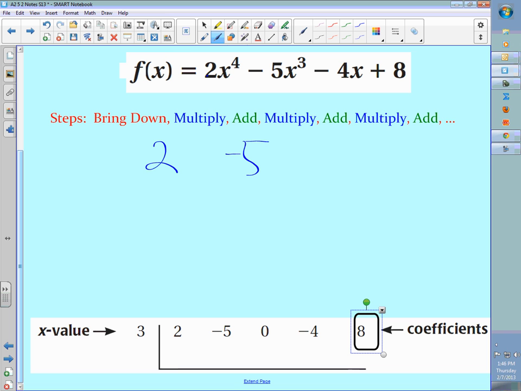I'm going to have a 0 because there's no x squared. And that 0 will be what we forget. You'll forget it a lot, especially at the beginning. But remember, descending order, 2x to the 4th, -5x to the 3rd, 0x squared, minus 4x plus 8. You have to have every power represented in order to do synthetic division or substitution. So 2, -5, 0, -4, and 8.